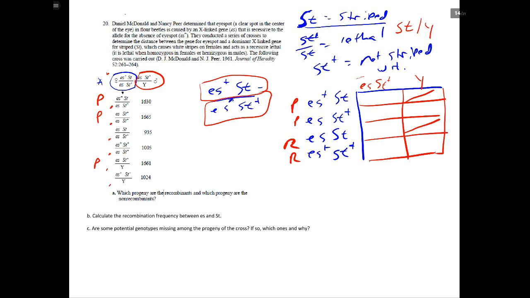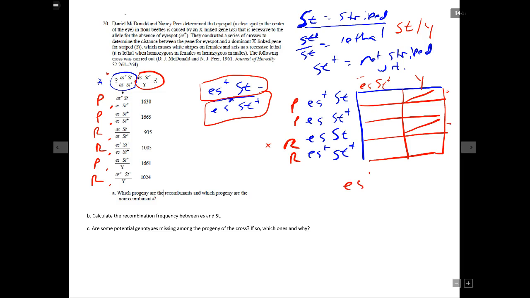Okay. ES-ST, that's down here, that's recombinant. ES plus ST plus, that's recombinant. ES plus ST plus, that's recombinant. So what are we missing? We're missing these guys and these guys.